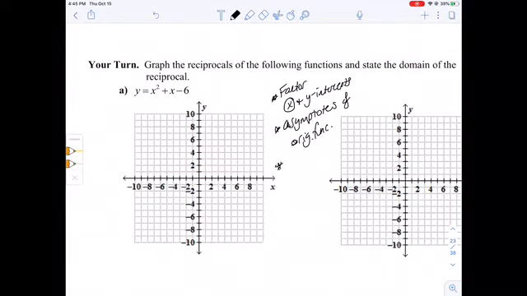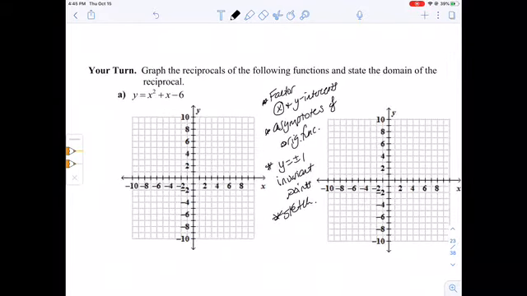Once you've found the asymptotes, you can find the y equals plus or minus 1, the invariant points. And then you can sketch. So pause the video, draw your original function, and then try drawing the reciprocal function, and state the domain. So pause the video and let's give that a try.